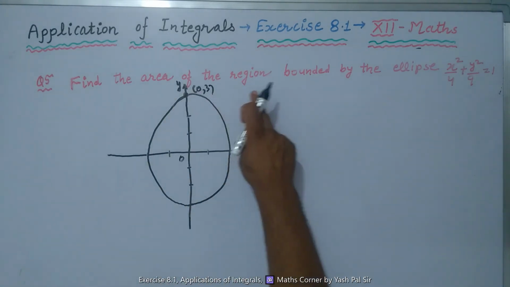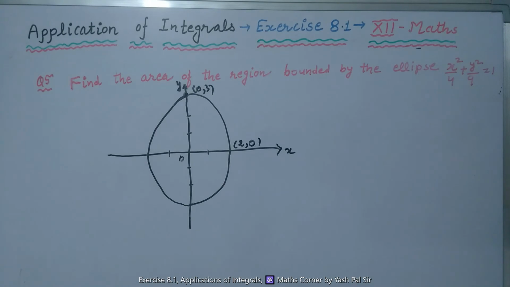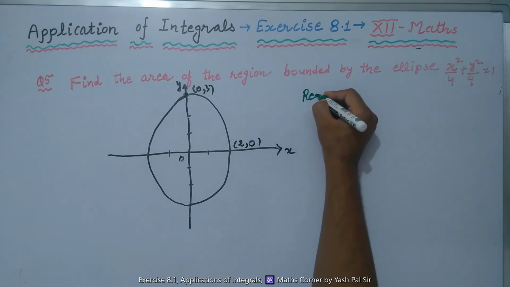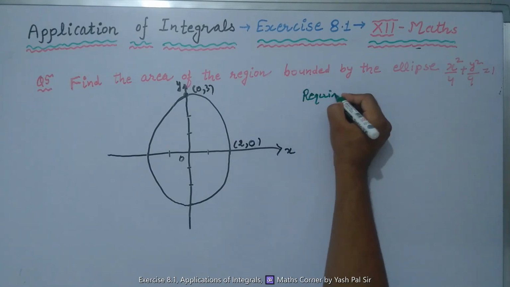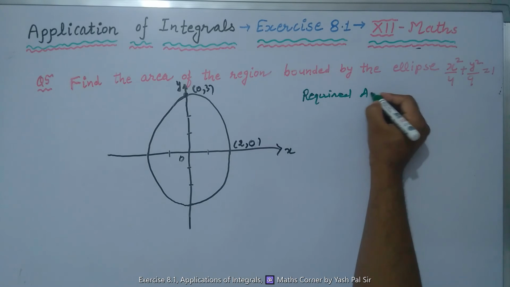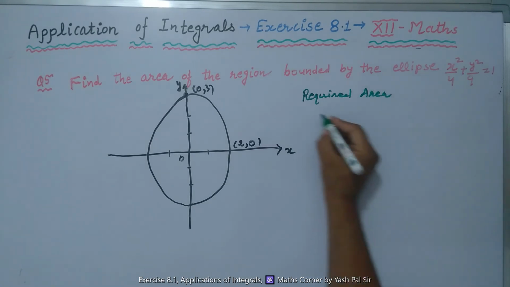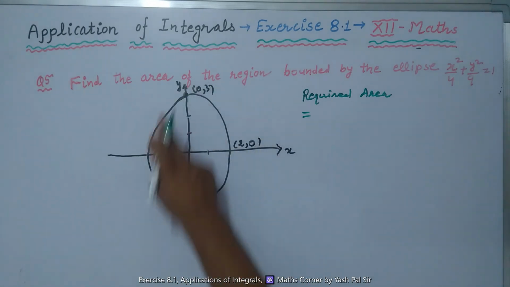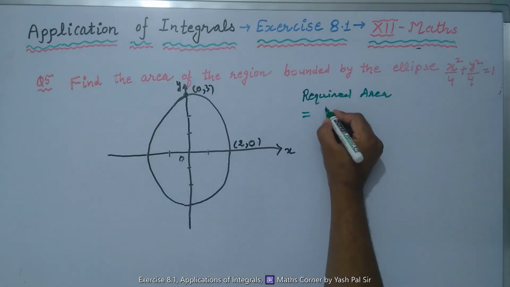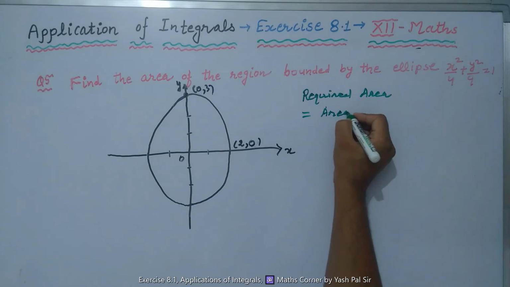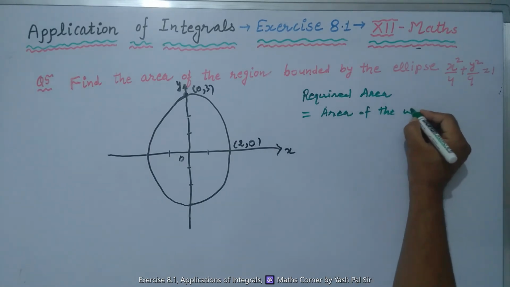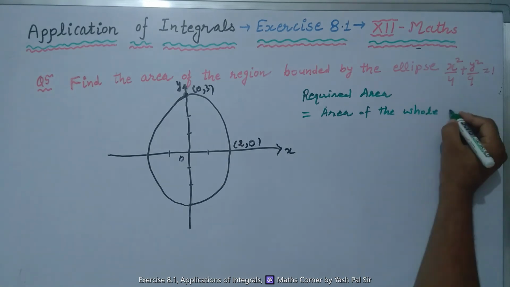Find the area of the region bounded by the ellipse. Here the very important thing is that the required area is equal to the area enclosed by the whole ellipse.